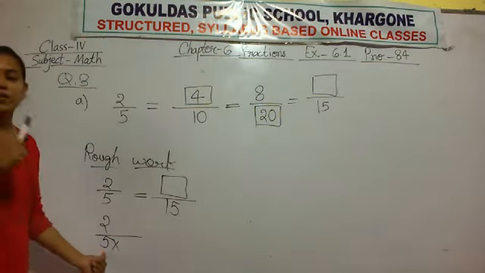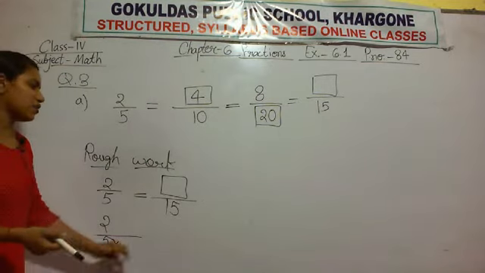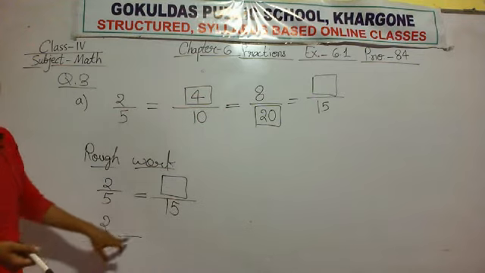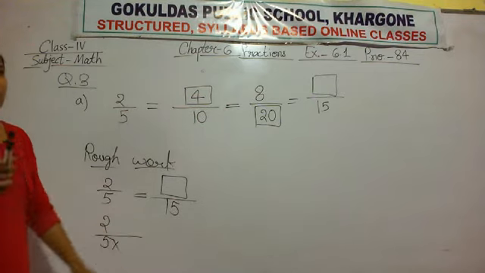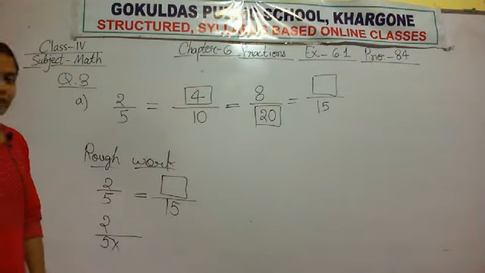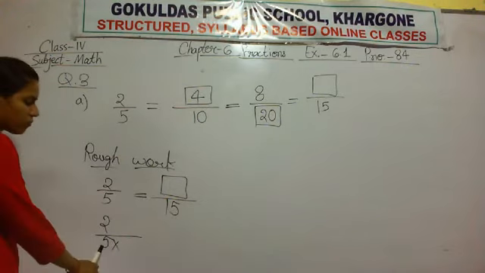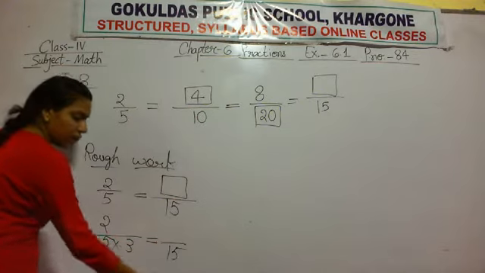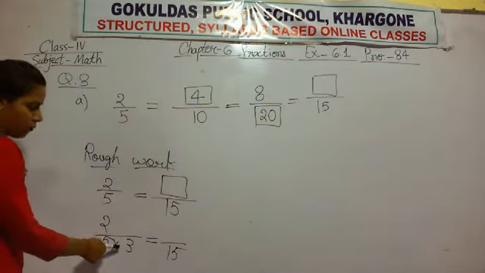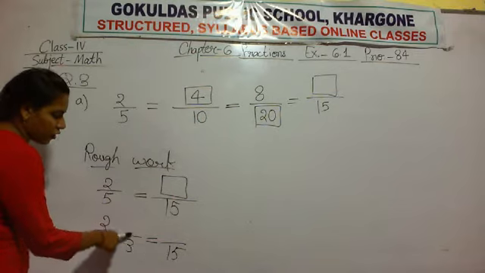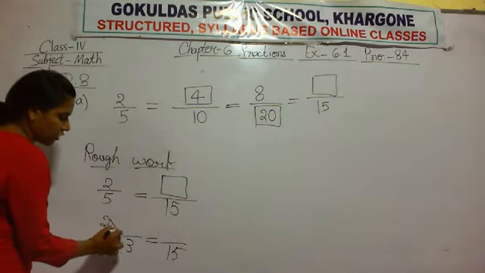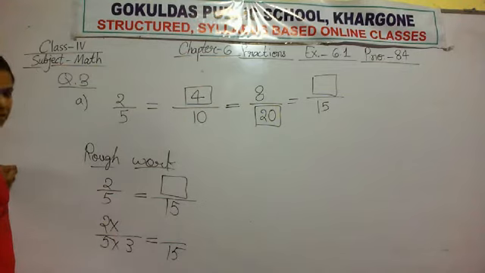Now by what number you will multiply or divide so that you can get 15? What number you will multiply with 5 so that you can get 15? 5 1s are 5, 5 2s are 10, 5 3s are 15. So if you multiply 5 by 3, your answer is 15, right? Because you are using multiplication operation in denominator, so in numerator also you need to apply multiplication operation.